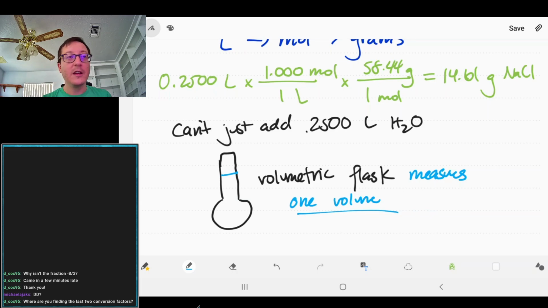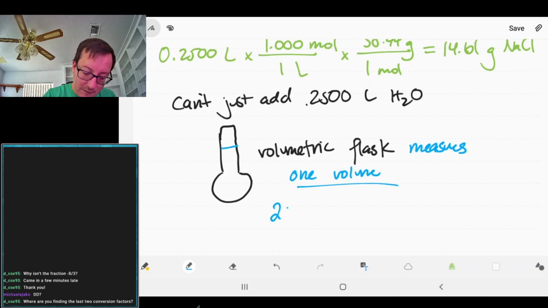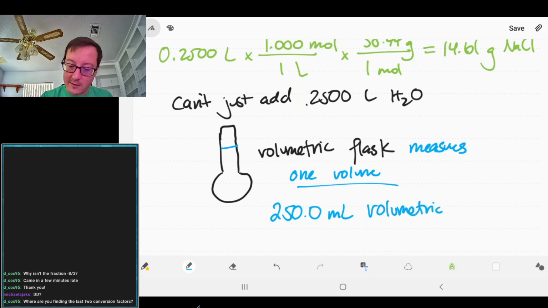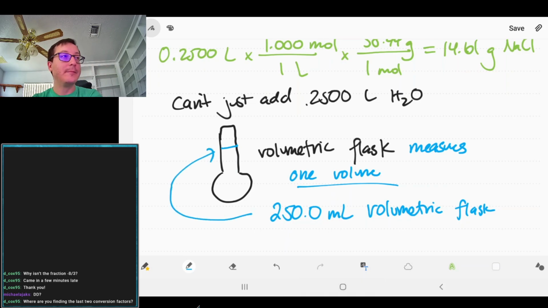If you are using a 1 liter volumetric flask, that tells you where 1.000 liters is. For us right now, it's a better idea to use a 250 ml volumetric flask. These often have 4 sig figs as well. So this line tells us exactly that volume.